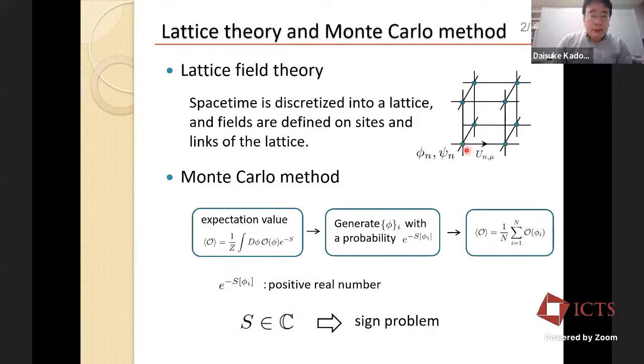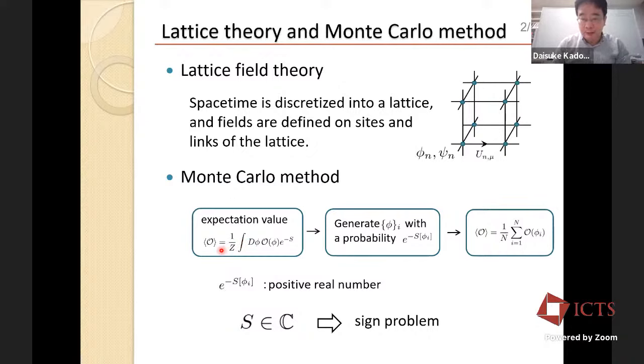In lattice field theory, the expectation value of an operator O is given by a simple multiple integral. So we can use the Monte Carlo method to evaluate the expectation value.